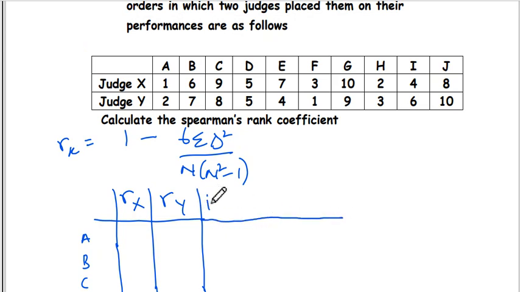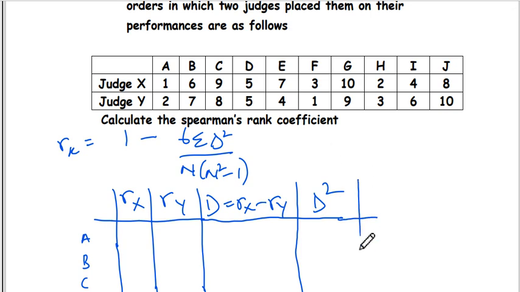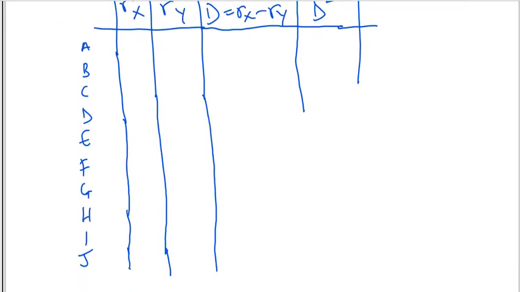Then here we have D, the formula is ranking of x minus ranking of y. Then here we have D squared. We are using the formula to form the table.